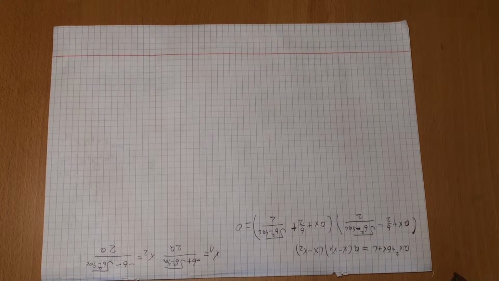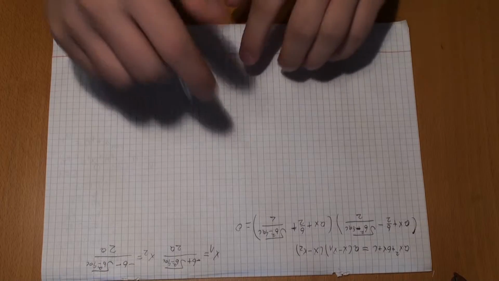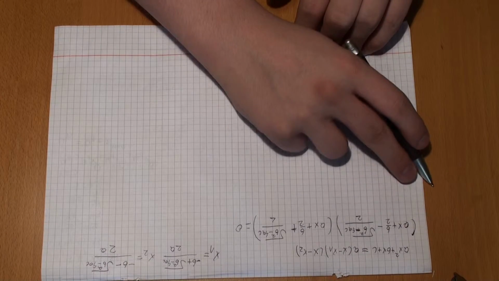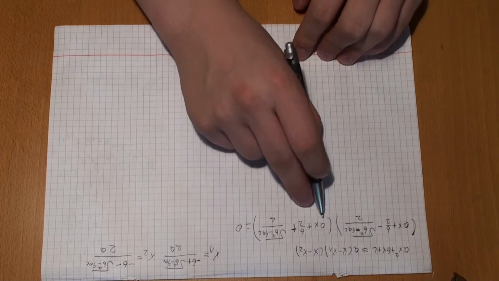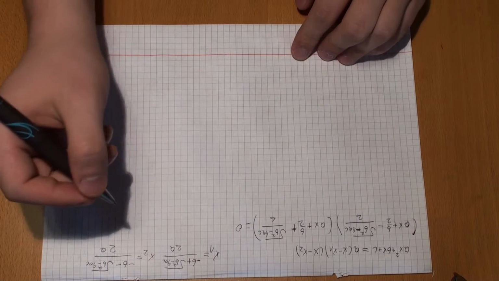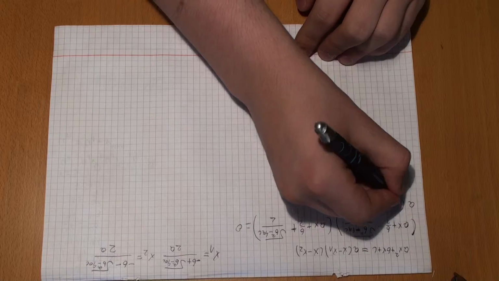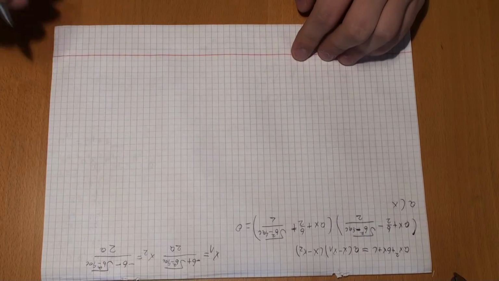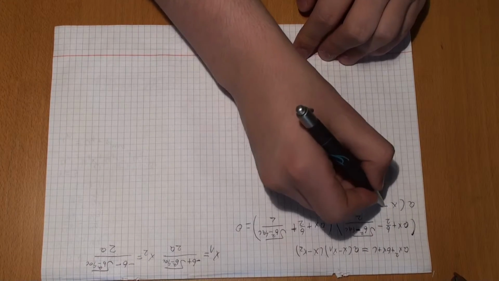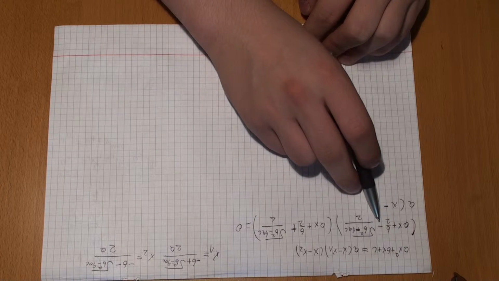So now that we have that, you can see that we can take a in front of both of these. So we have a times x. Here we have minus what?